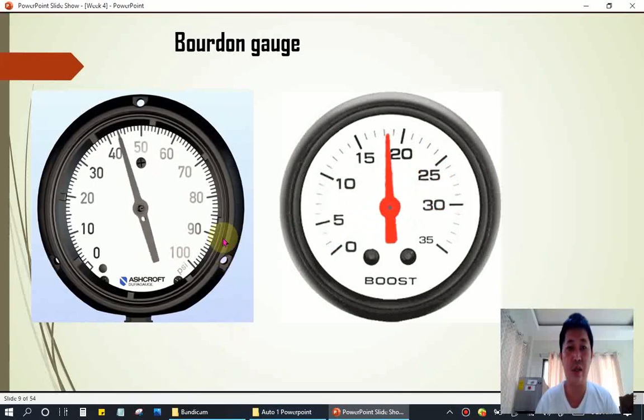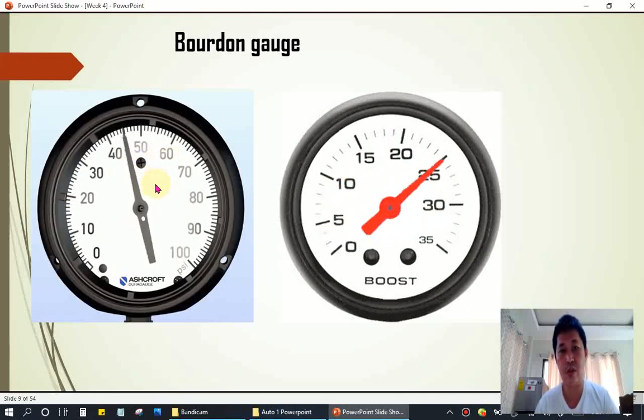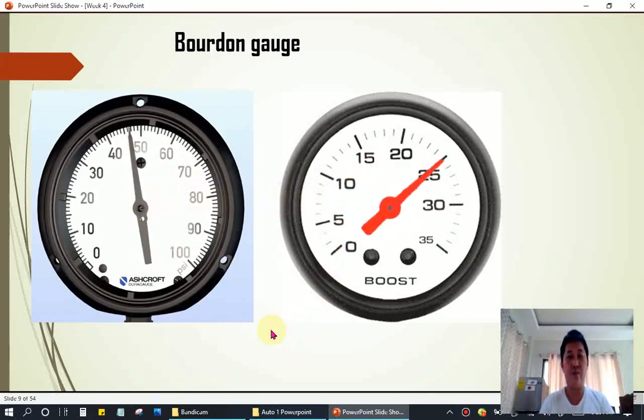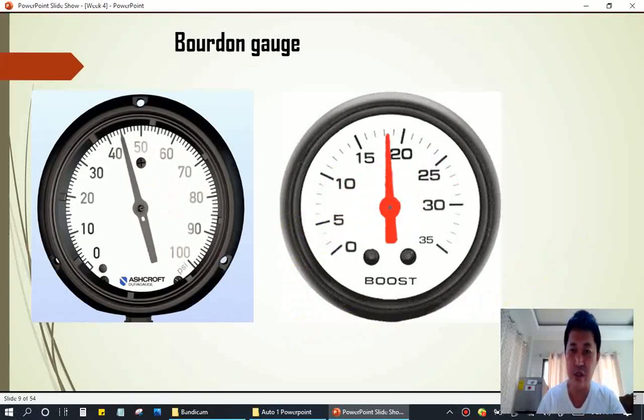So that's why there was a continual, fluctuating deflection of the pressure gauge pointer. So this is not normal, but this is only to show you how this pressure gauge is working. So it must be steady pressure. So these are examples of your Bourdon pressure gauge.